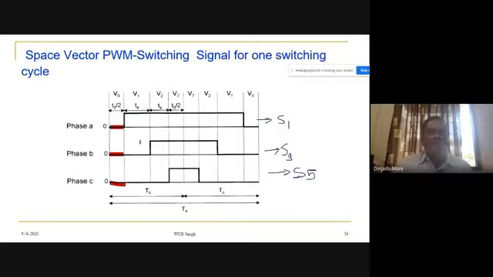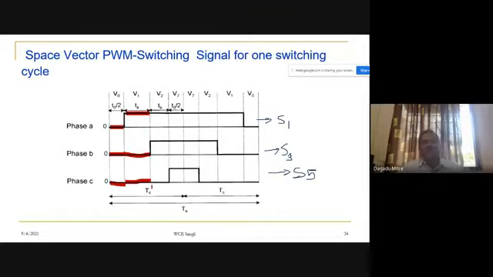Then what is meant by V1? V1 is 1 0 0. V1 we apply for TA duration, which we can find out. V1 means S1 is on, then S6 is on, so S3 will be off. Similarly S2 will be on, meaning S5 will be off. Is it clear?